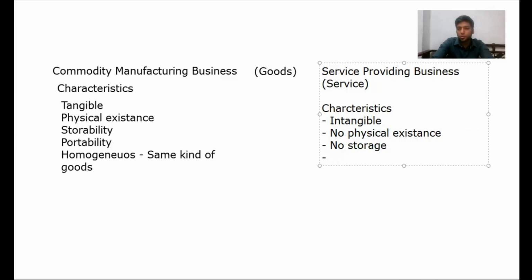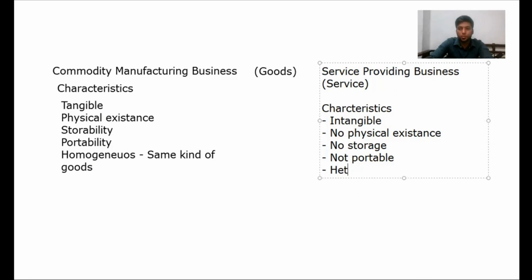You can say not tangible also, not tangible is another good term you can use. No portability, not portable, it's very hard. It's not something you can carry, and not homogeneous. We say it as heterogeneous.